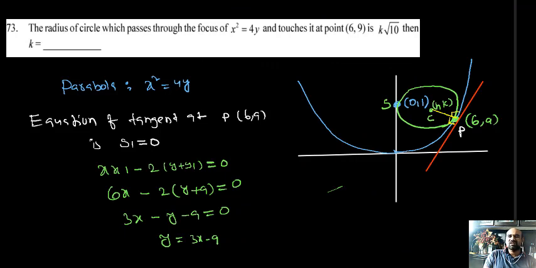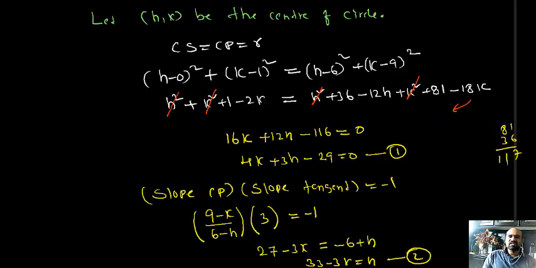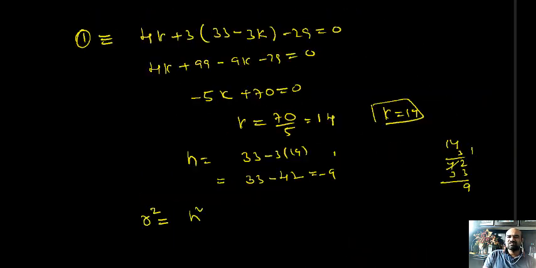Now I can use radius r square equal to h square plus (k minus 1) whole square. H square means 81, plus k, 14 minus 1, 13 square is 169. The addition is 250.